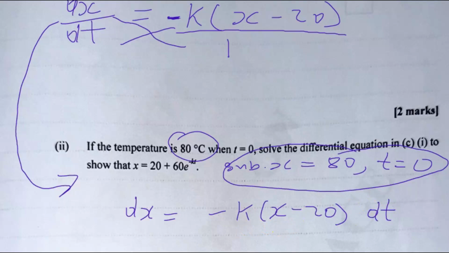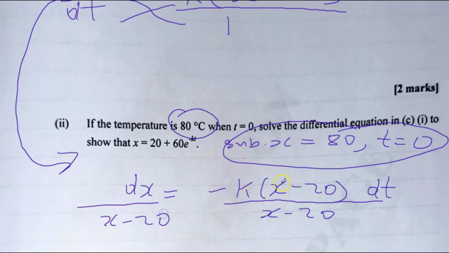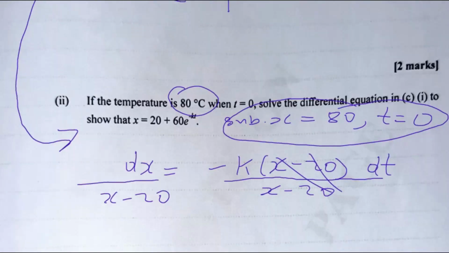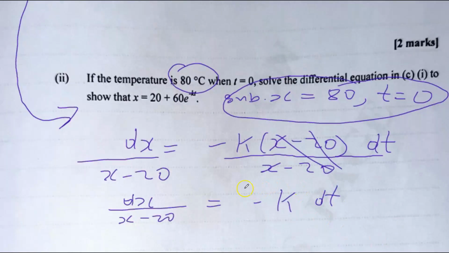I need all the x variables on one side, so I divide both sides by x minus 20. These cancel, and I'm left with dx over x minus 20 equal to negative k times dt. And now I can integrate both sides.